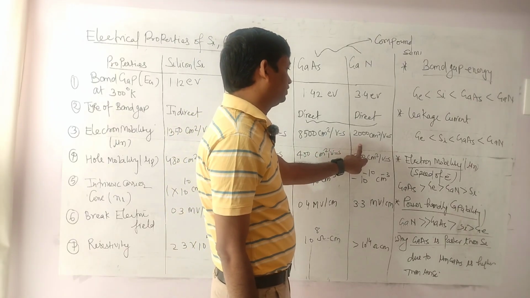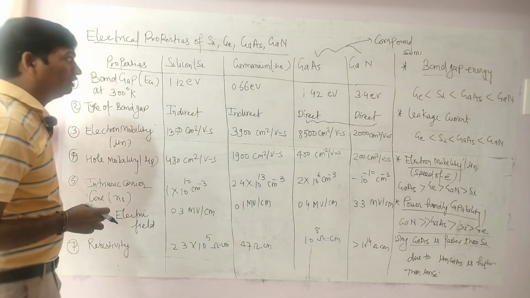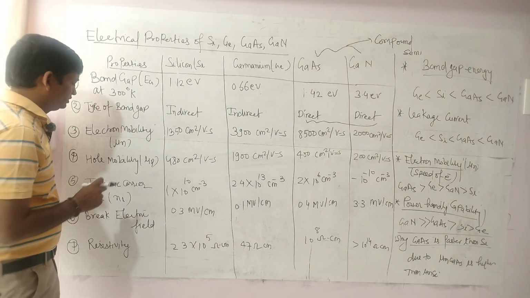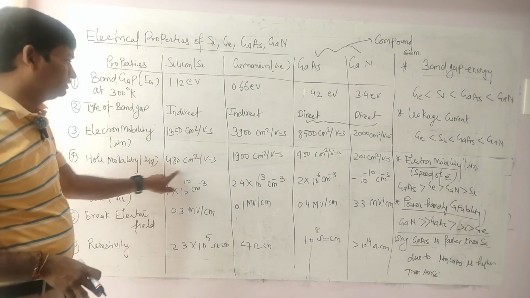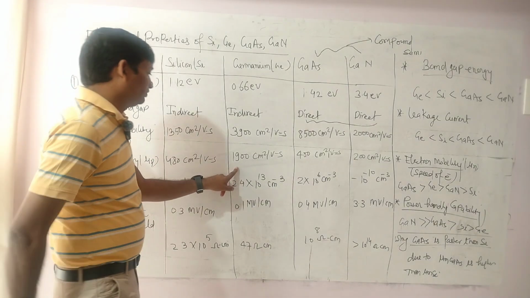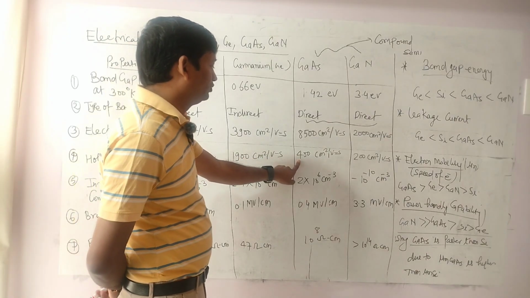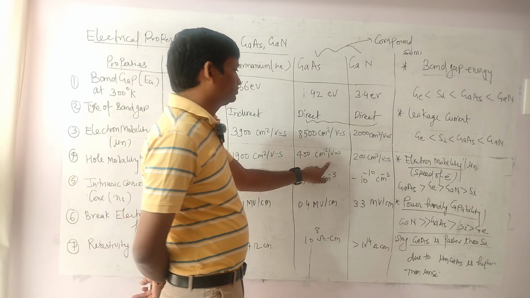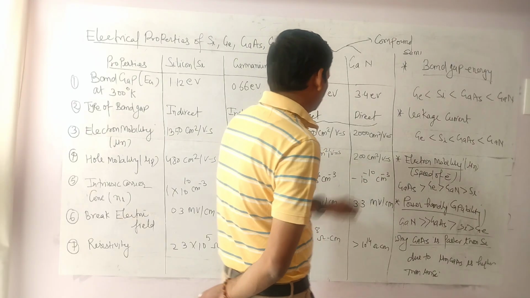And hole mobility mu p is 480 for silicon, 1900 for germanium, 400 for gallium arsenide, and 200 for gallium nitride.